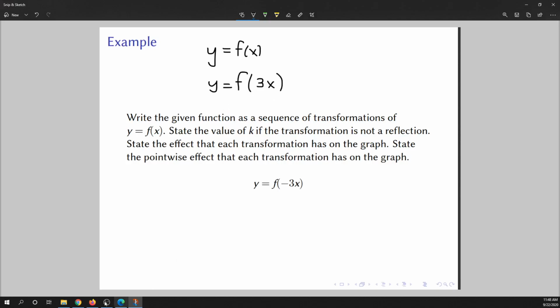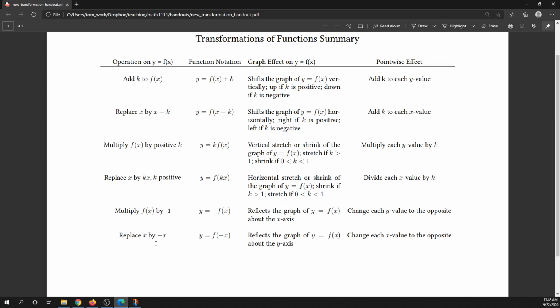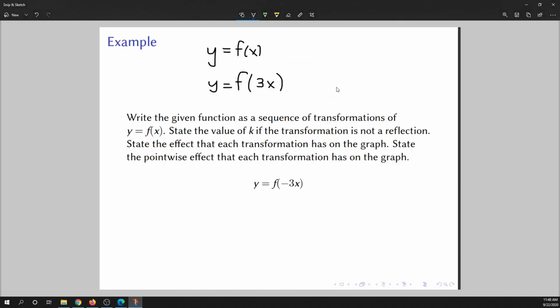That is going to be handled with this transformation here. So we're going to replace x by minus x. Again, it's better to treat these things separately. So the second transformation is replacing x by minus x.